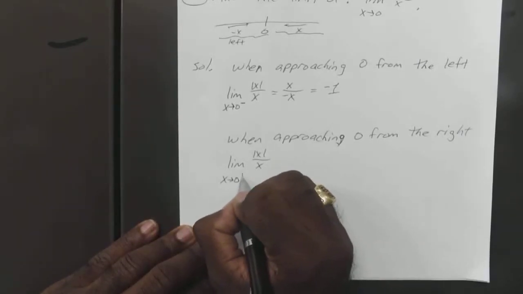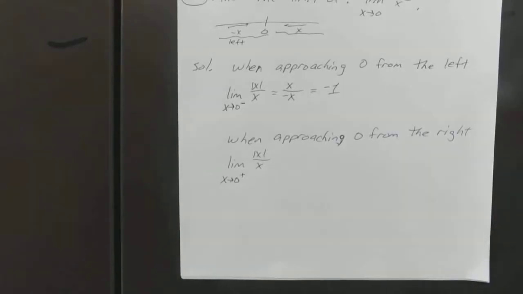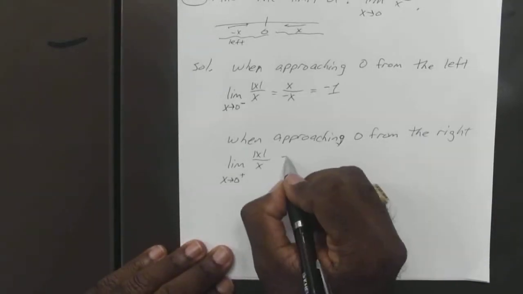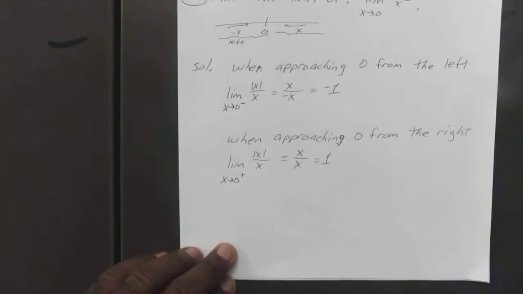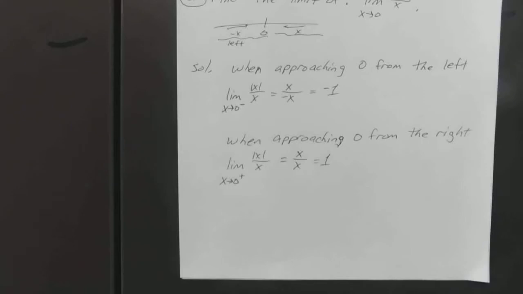So as x approaches 0, and when you're approaching from the right, it's just a plus sign. Okay, so that's just going to be x over x, which is 1. Okay. So because they're different, that means it doesn't exist.